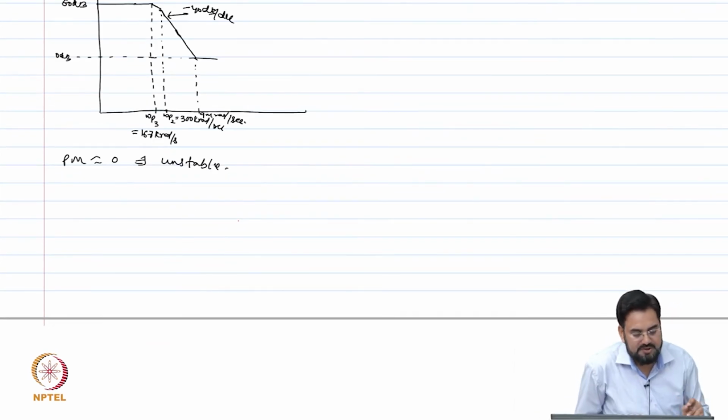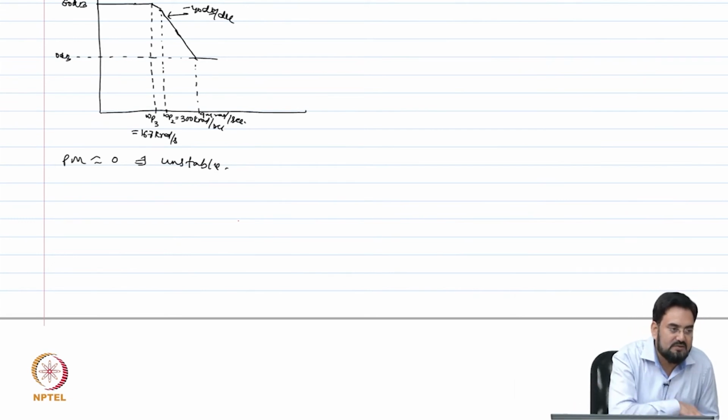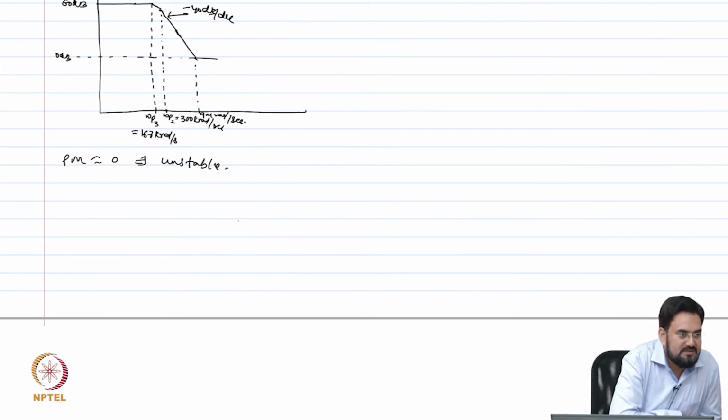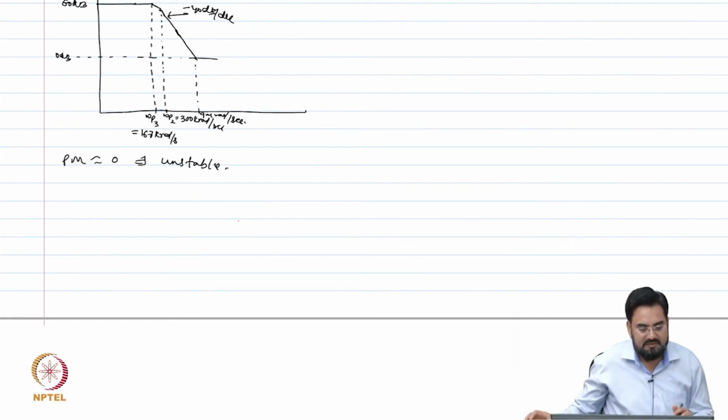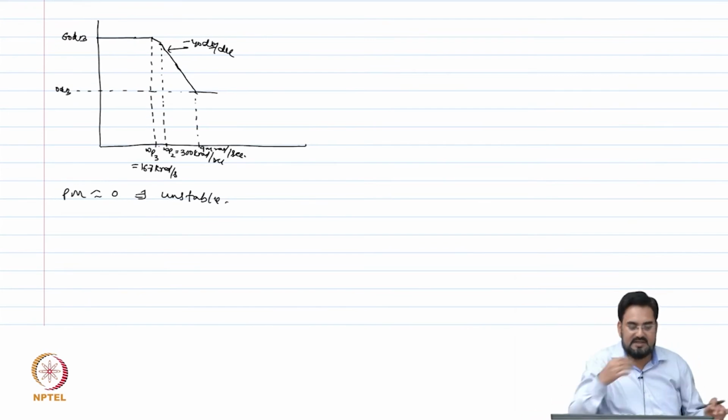So if I want to push this omega P3 outside your UGB, which means omega P2 now has to be reduced. And how will you decide the UGB?